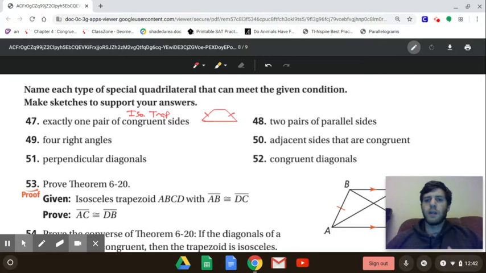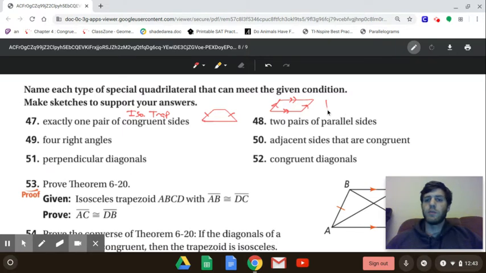So we know that's going to be a parallelogram. It has two pairs of opposite sides that are parallel, so we can draw a parallelogram. Okay. And if it's a parallelogram, we know that rhombuses, rectangles, and squares are all parallelograms. So those will also have two pairs of parallel sides.